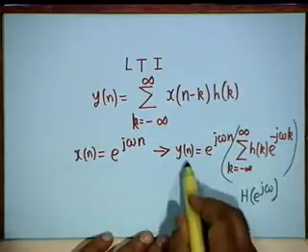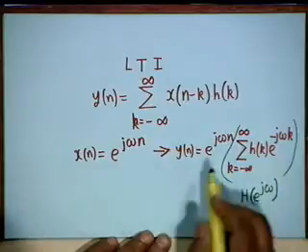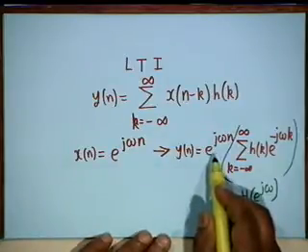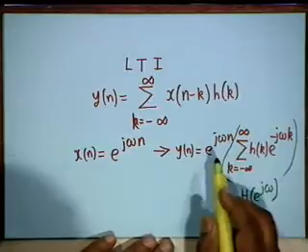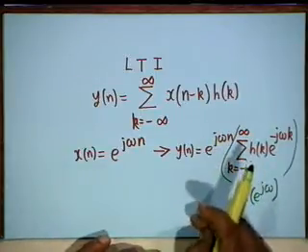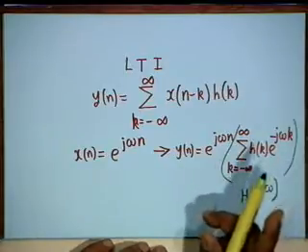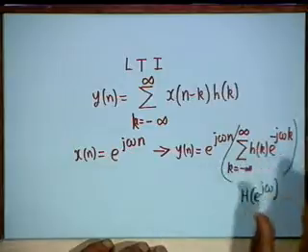All right. So, y of n is a constant H of e to the j omega multiplied by e to the j omega n. Such functions which, when supplied as an input to the system, produce an output which is a constant multiplied by the same function, are called eigenfunctions.